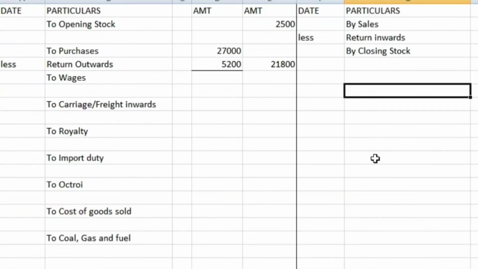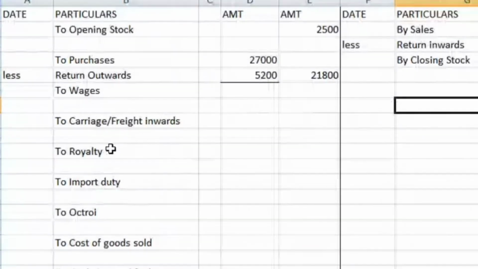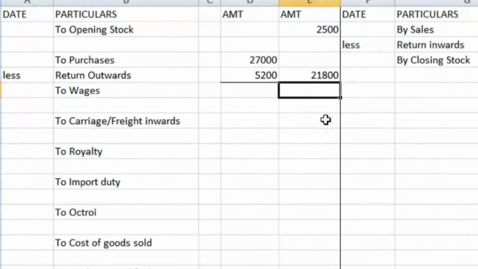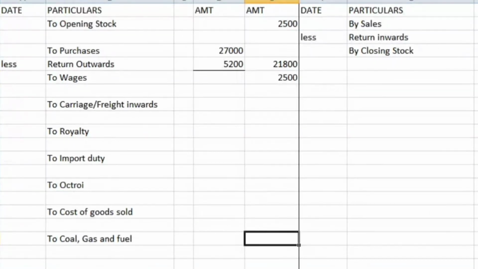Now in the line we have wages 2,500. So wages is there on the debit side, 2,500 across wages. Coal and gas 3,300. So down I have written coal and gas 3,300. All of this will come in the outer column. That's all, no addition or subtraction henceforth for these separate items.